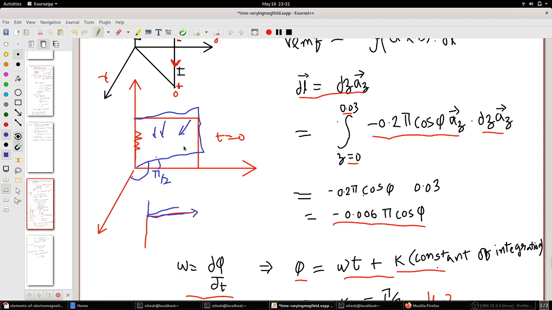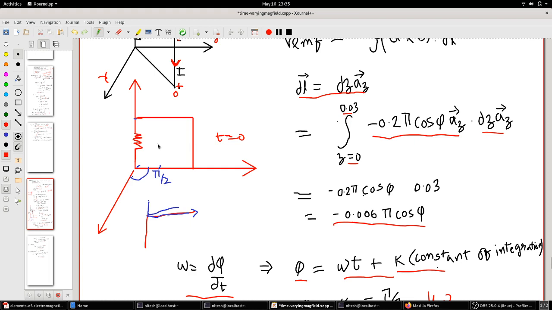So what is Lenz's law telling me? When the loop is along the YZ plane, at that time the VEMF value will be 0 because it's not moving. And the B field is coming towards us along the x-axis. Let me redraw it properly.